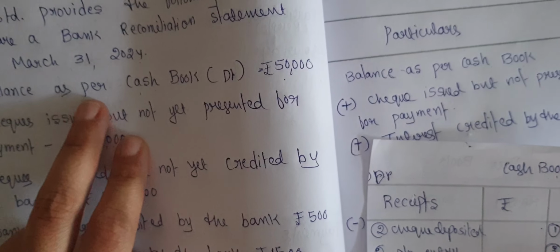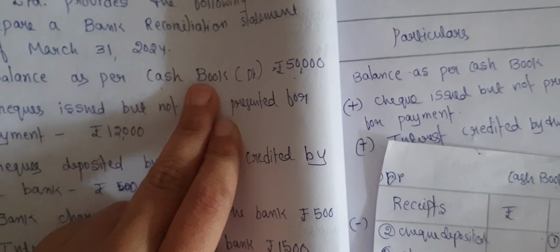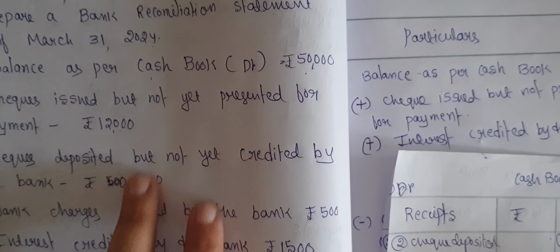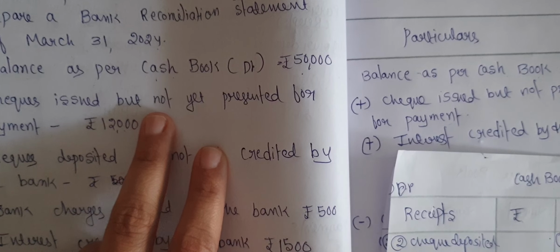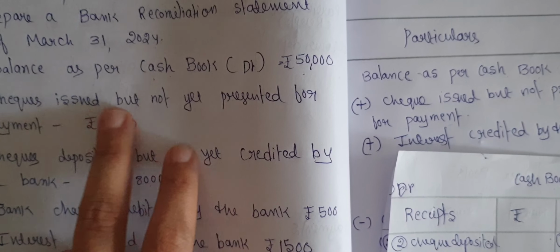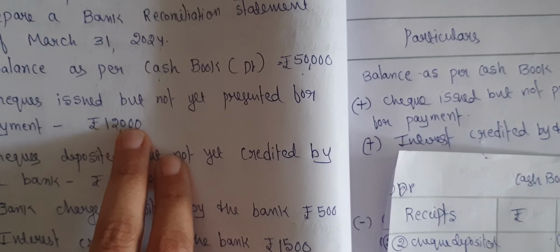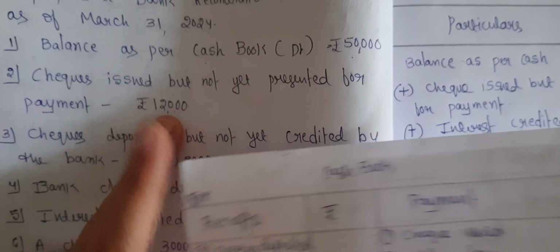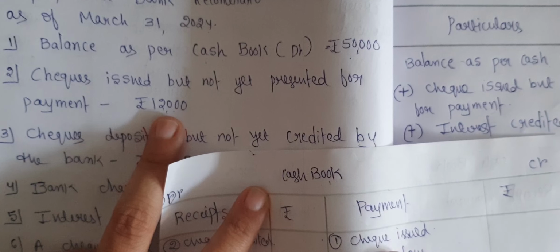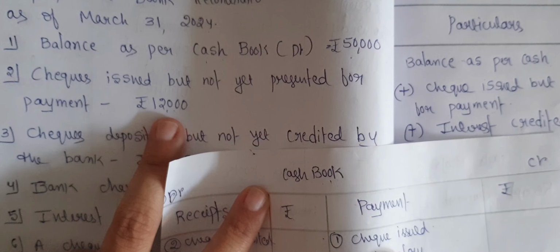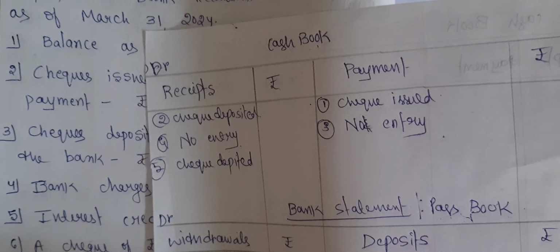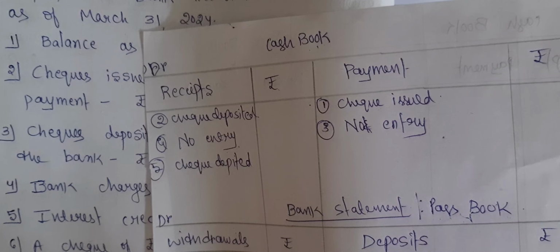Here they have given the balance as per the cash book, so we have to check the effect of all these transactions on the passbook. Check issued means in the cash book, on the payment side, we write check issued but not yet presented for payment. But in the passbook there is no entry because it is not presented at all.